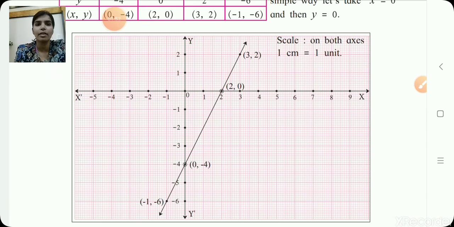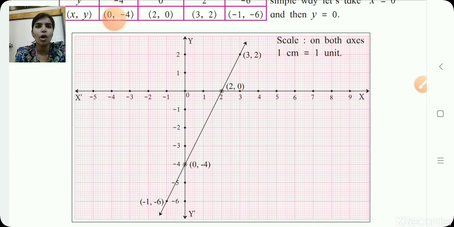We know in which quadrant positive signs are there. In the first quadrant both are positive, in the second quadrant negative, positive, in the third quadrant both negative, and in the fourth quadrant positive, negative. We write all the numbers on both axes: 1, 2, 3, 4, and negative numbers minus 1, minus 2, minus 3.